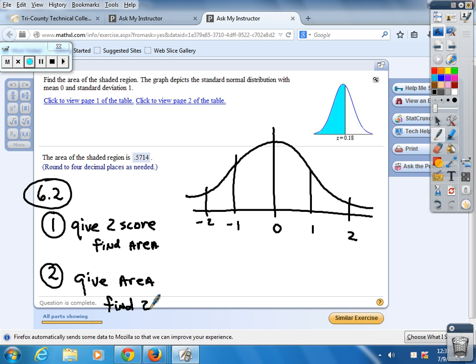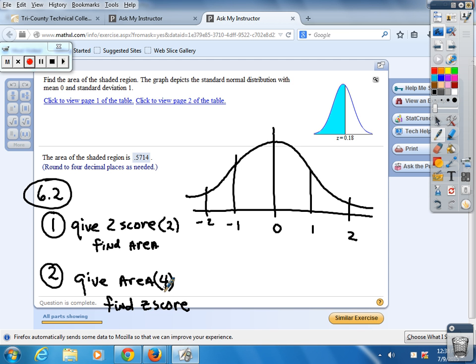Now, how do you know the difference between the two? Besides reading, the z-score is always what? 2 digits. The area is always what? 4 digits. So if you get a problem with 4 digits, then you know it's an area. If you have a problem with just 2 digits, then you know it's a z-score.